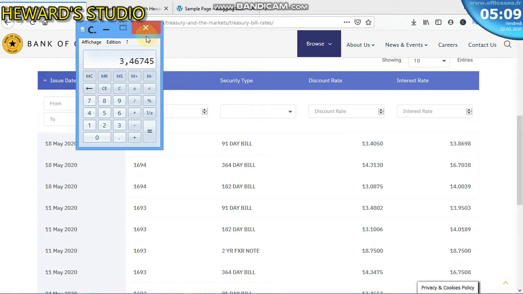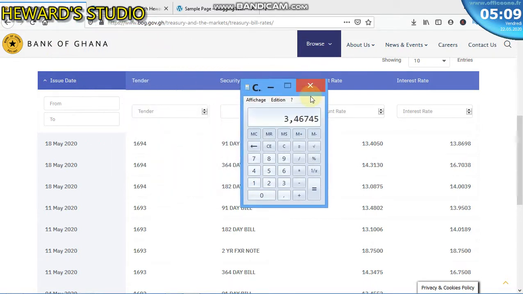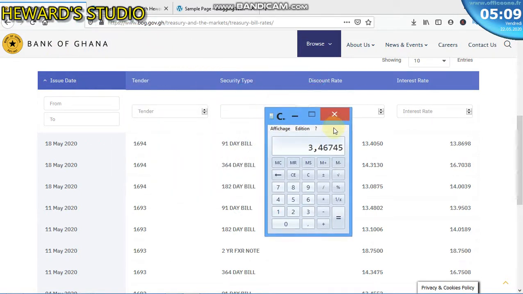This is the interest rate, 3.46745. This is the interest rate your money will be calculated at if you decide to go with the 91-day treasury bill, which is the 3-month treasury bill. If you decide to go with it, this is the interest rate.